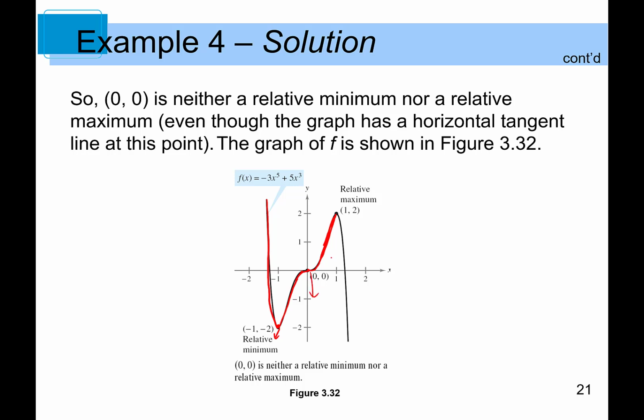This is actually the point of inflection, because it's concave downward, concave upward. So that's the point of inflection. And at 1, 2, we have a relative maximum. And that exactly matches what our analysis is. Okay, so that's pretty much it.